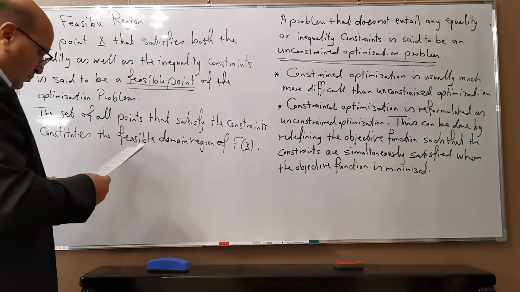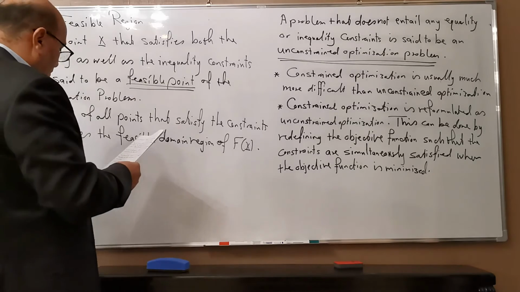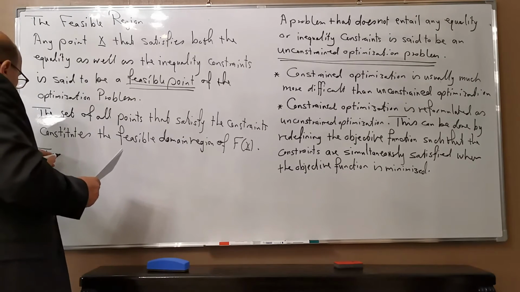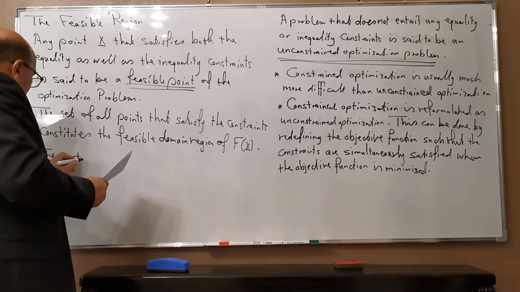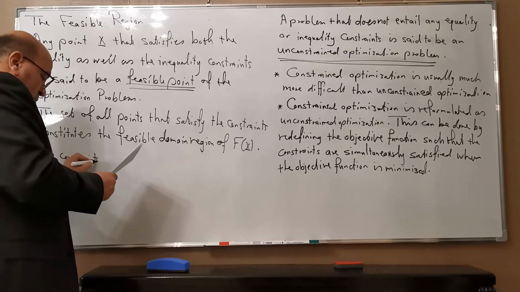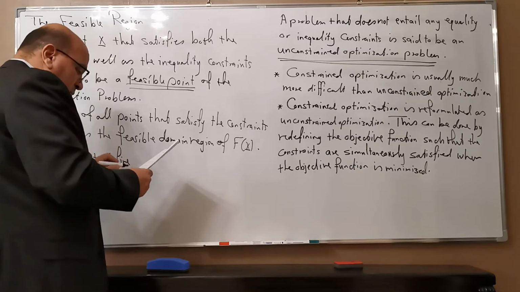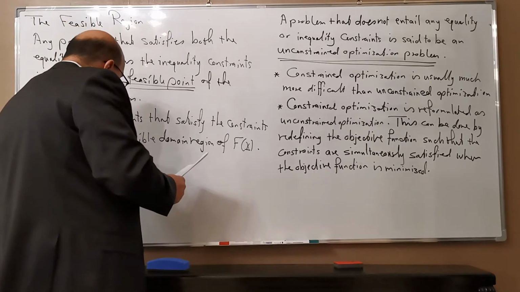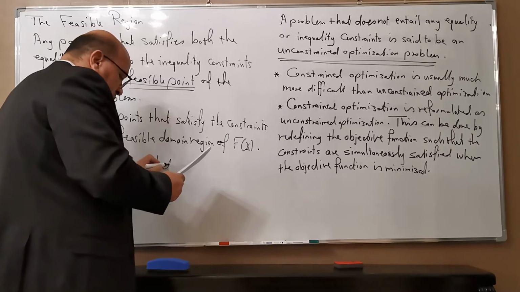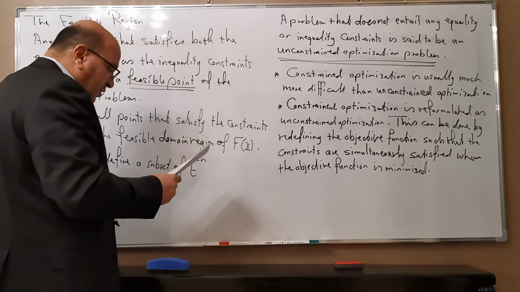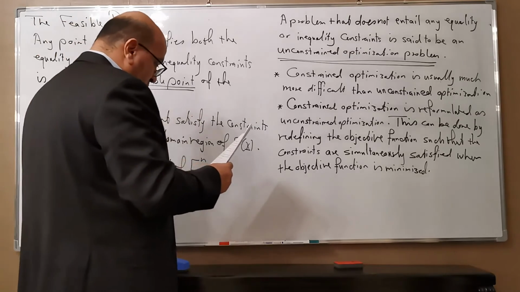So the constraints define a subset of the nth Euclidean space.